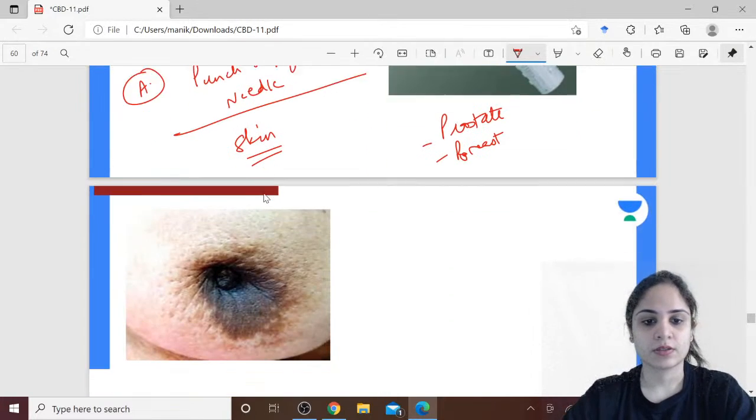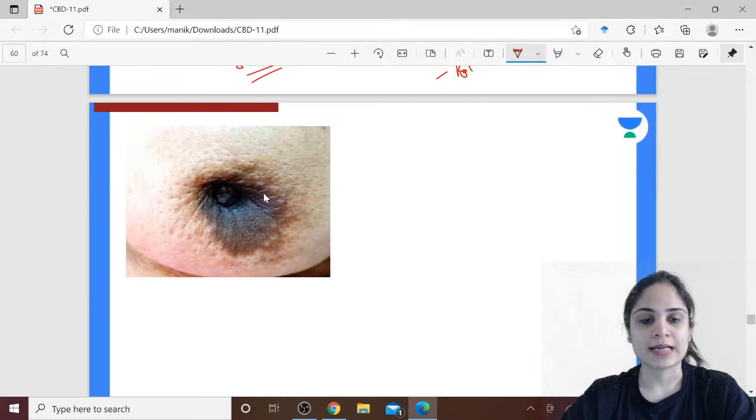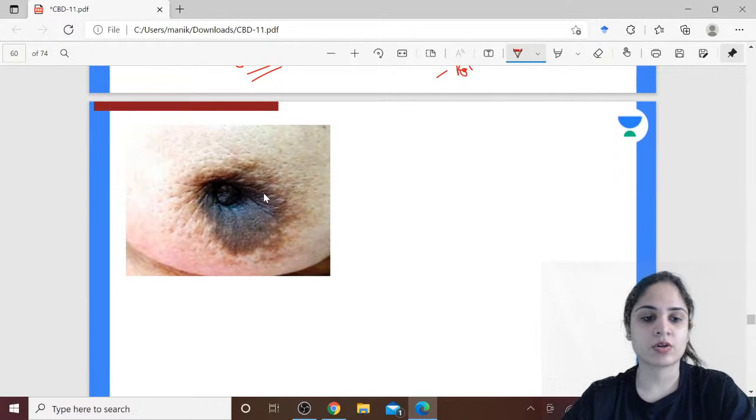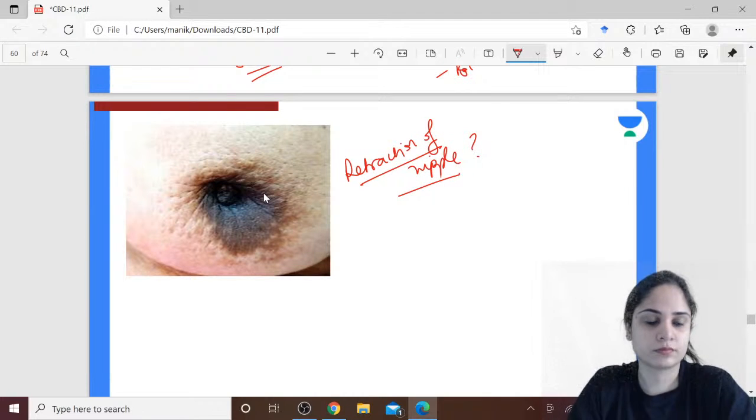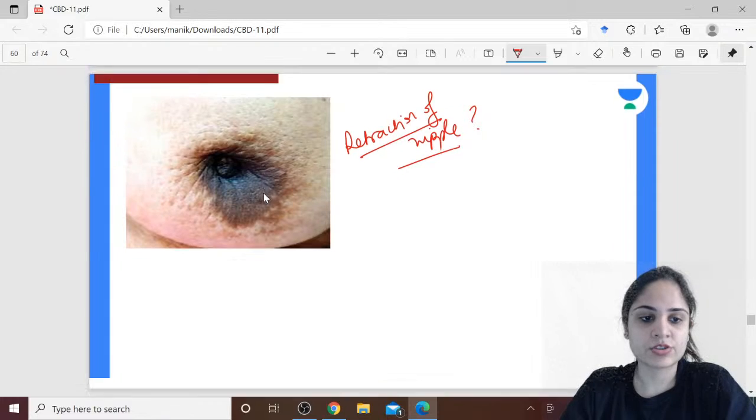Okay, alright. Retraction of the nipple. What is the causative condition? Condition that causes retraction of nipple? So I'll show you all the images.